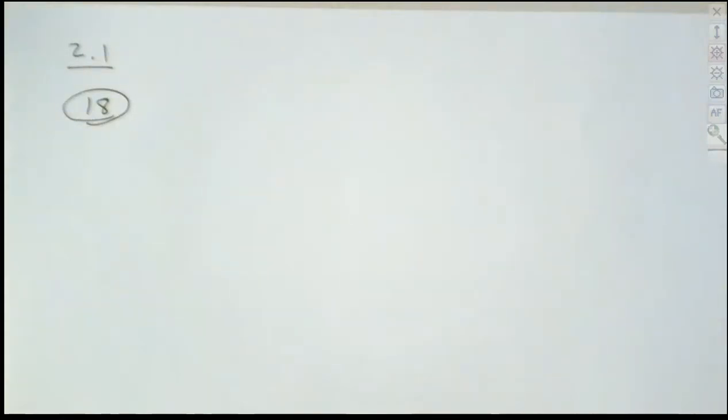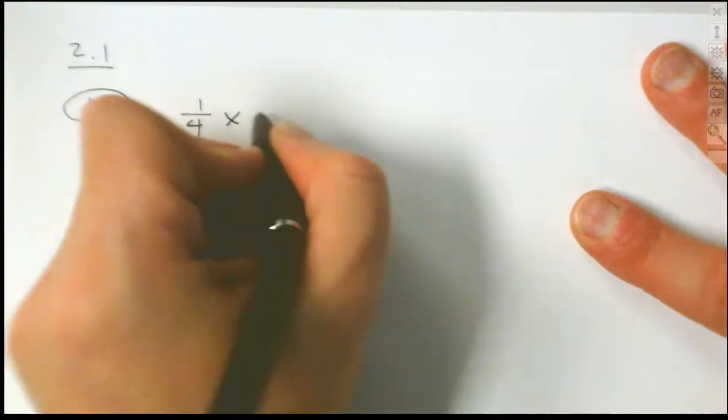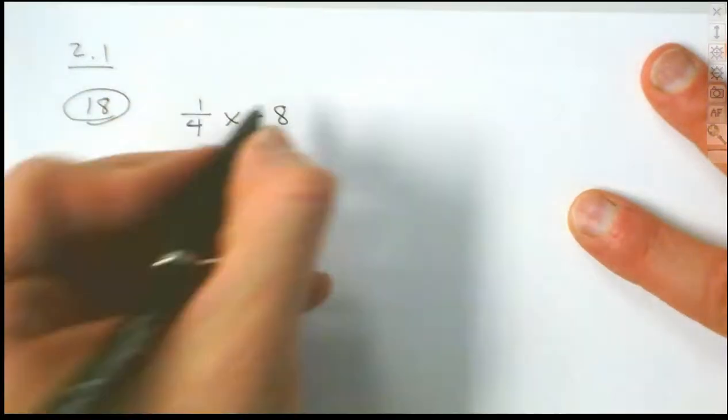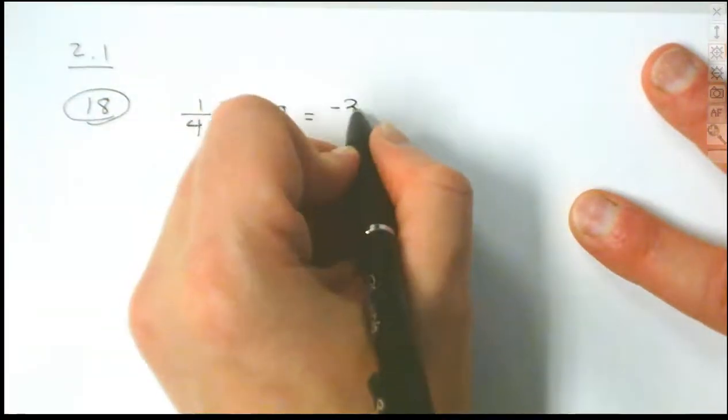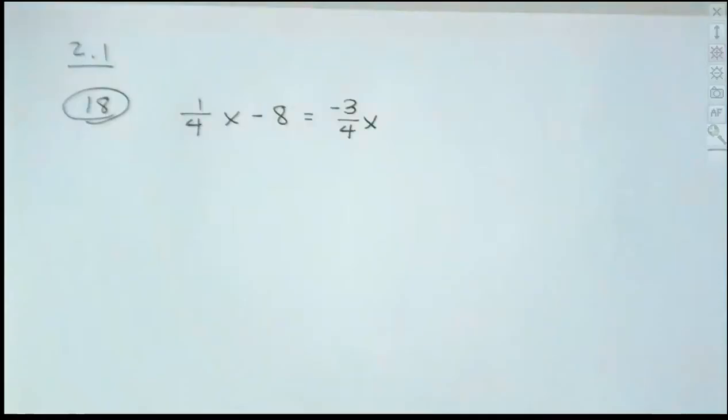Okay, and this is a fraction one. So we've got 1/4 x minus 8 equals a minus 3/4 x. I'm sure we asked about this one because of the fractions.